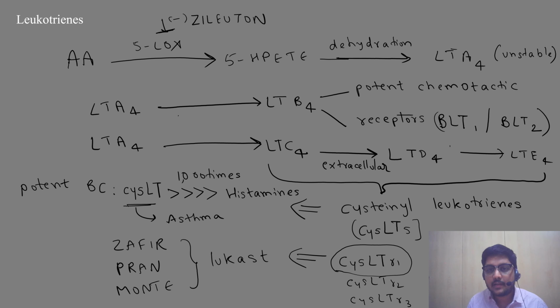These act as antagonists to cysteinyl leukotriene receptor type 1. Where are these used? Mild to moderate asthma. These leukasts are used in mild to moderate asthma.